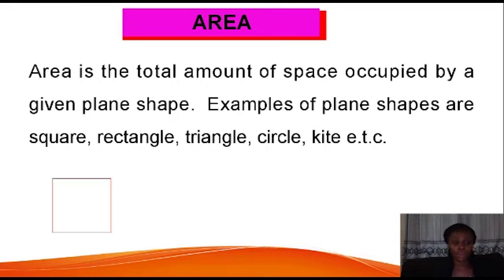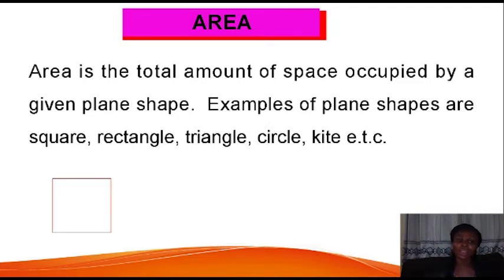Using the diagram to explain. Look at this. This is a square. Now let's use the square to explain. You can see that the square has 4 sides, and on these 4 sides are 4 lines.